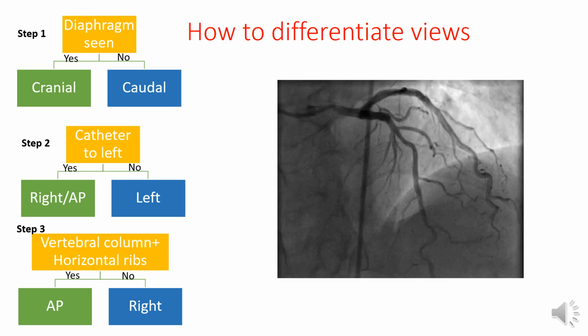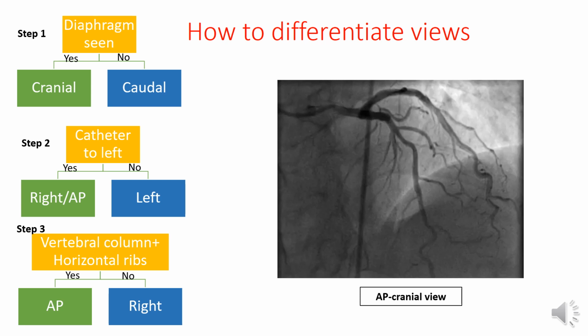So in this picture, when we apply these rules, we have the diaphragm, so we are cranial, the catheter on the left side, so we are right or epicranial. Then we appreciate that here is the vertebral column and the ribs are horizontal, so it is an epicranial view.